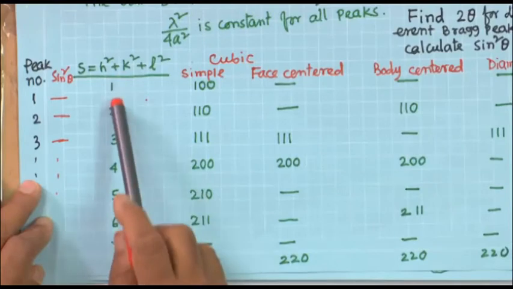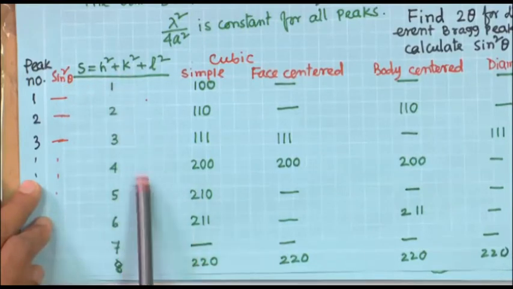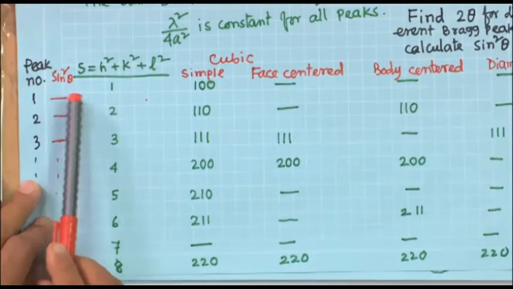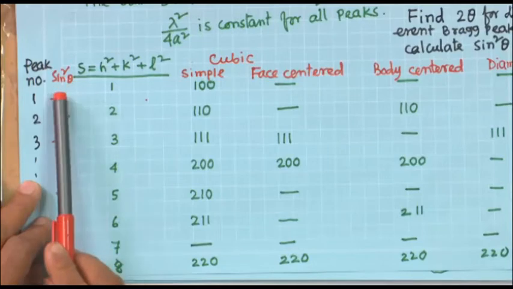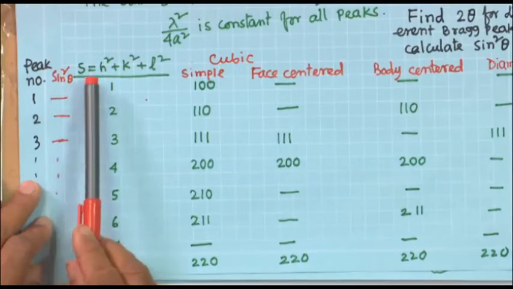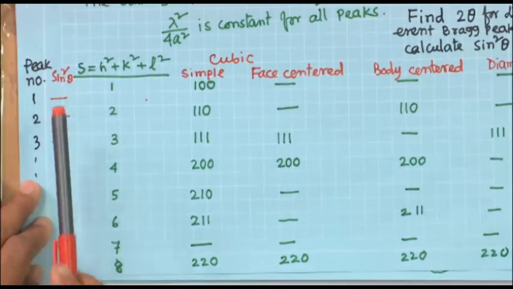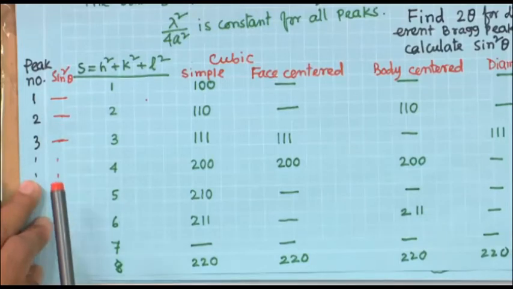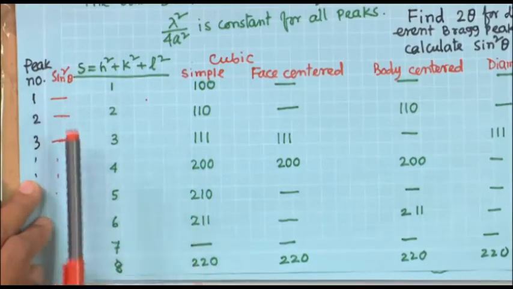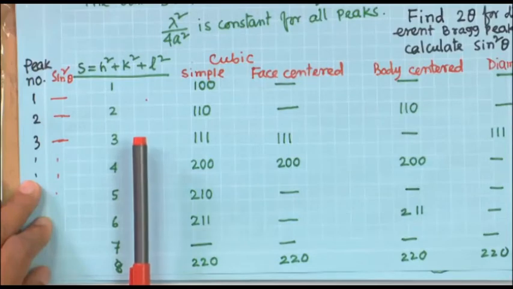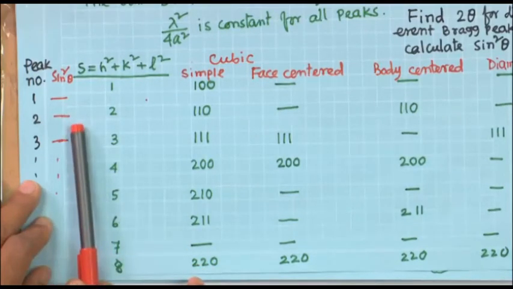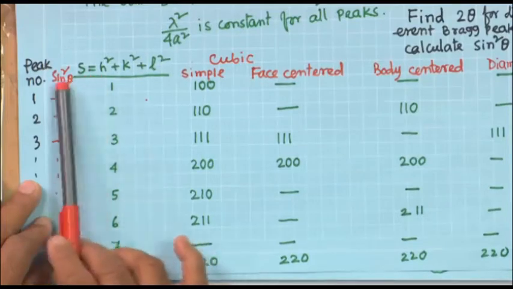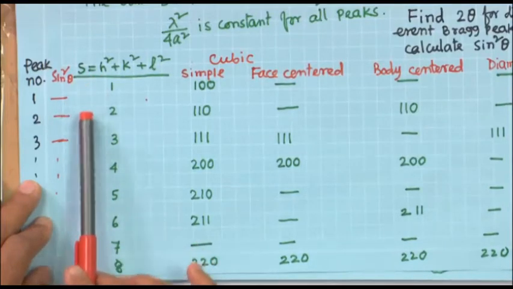So, now s is in your hand. Now, sin square theta you have also got from the peak position. So, if you make a table of sin square theta by s, by 1, by 2, by 3, by 4, then you will see, as I mentioned, that this has to be constant.